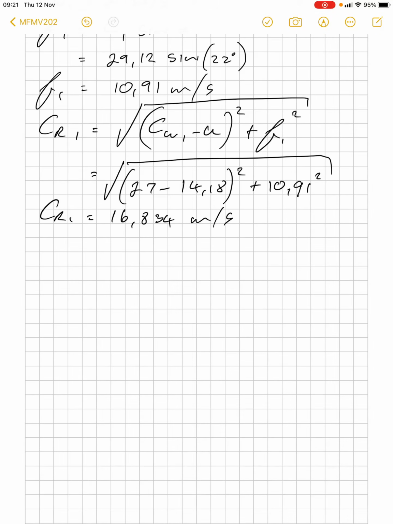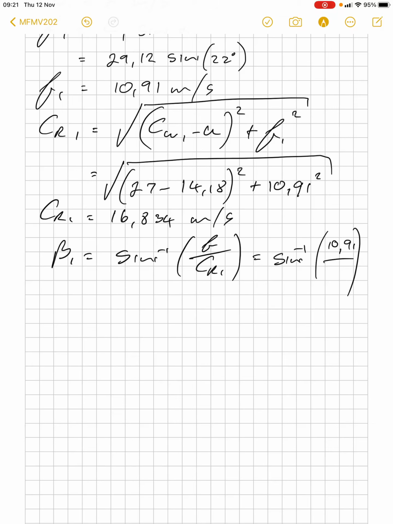Alright, beta 1. So arc sine F over CR1, arc sine of 10,91 divided by 16,834.